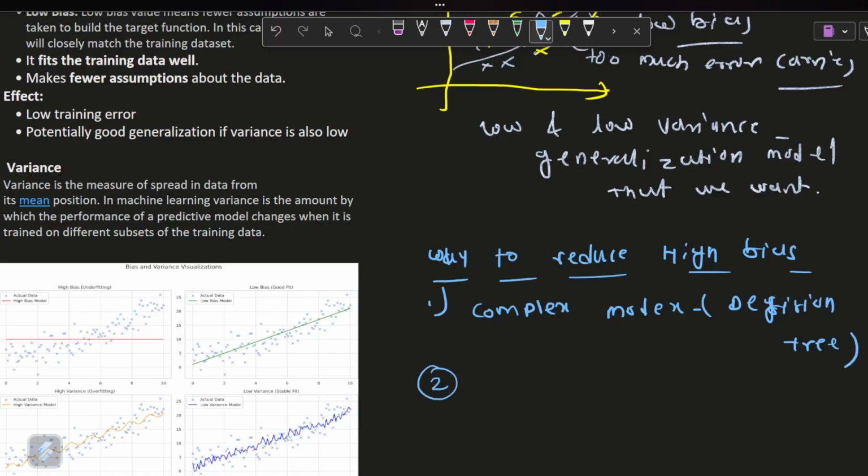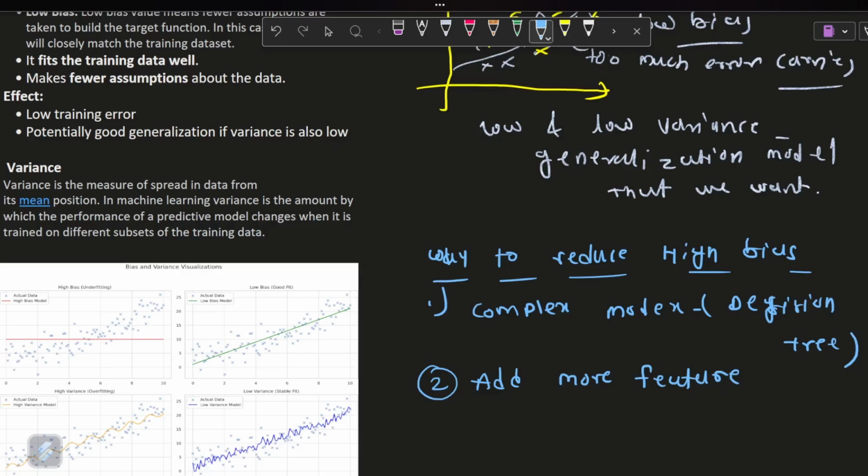The second way to reduce high bias is to add more features. When you learn about simple linear regression, it carries high bias because the model is too simple and doesn't have that many features, right?